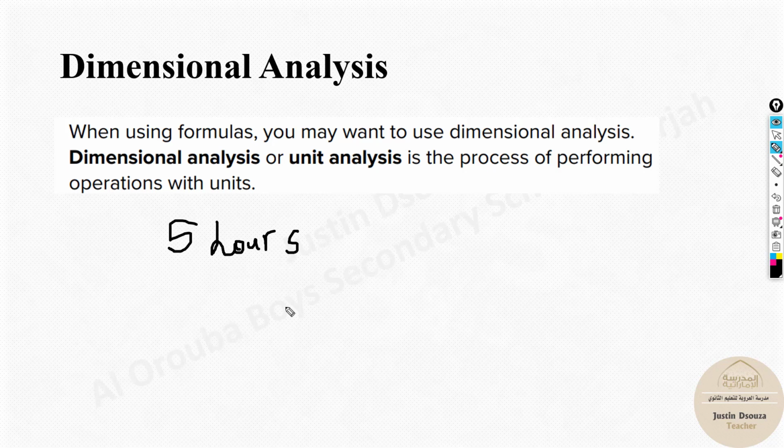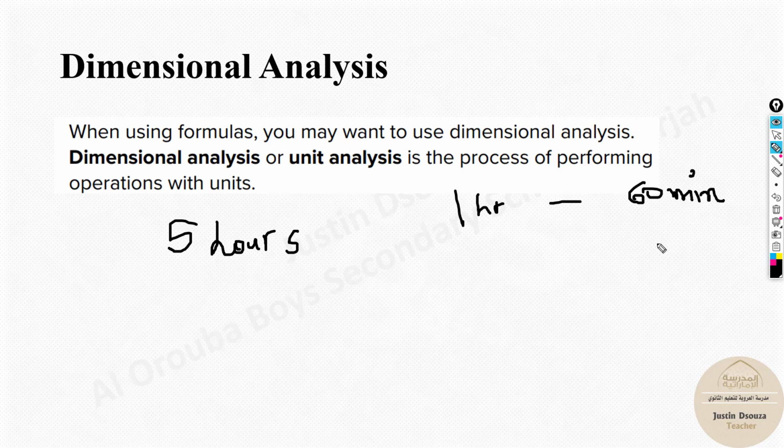One way to do it is to convert to the next unit of hours. What is next of hours? Days will be more, but lesser than hours is minutes. We know 1 hour is equal to 60 minutes. This is the conversion, isn't it?